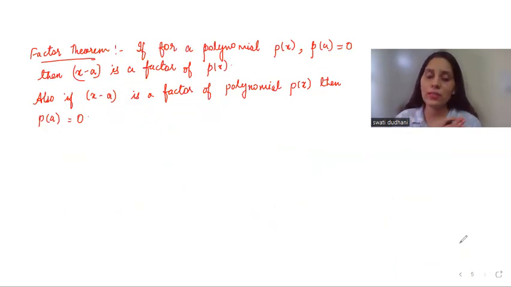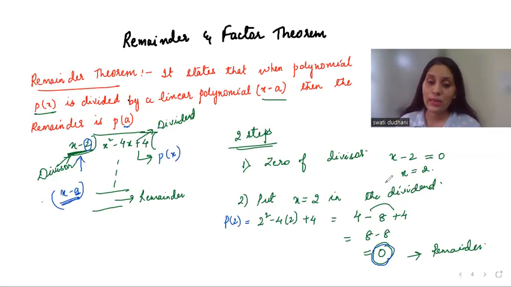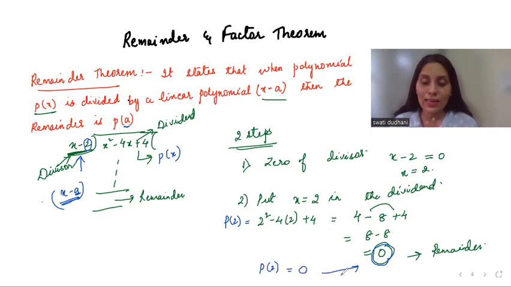Now the next one is the factor theorem. It is just the opposite, the same procedure. If for a polynomial p of x, p of a equals 0, then x minus a is a factor of p of x. In my previous question we had seen that if p of a is equal to 0, here we got the answer as 0, then x minus a is known as the factor.